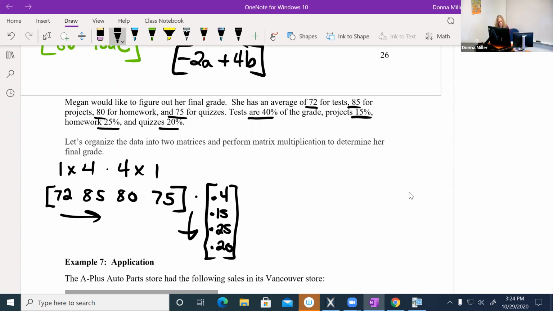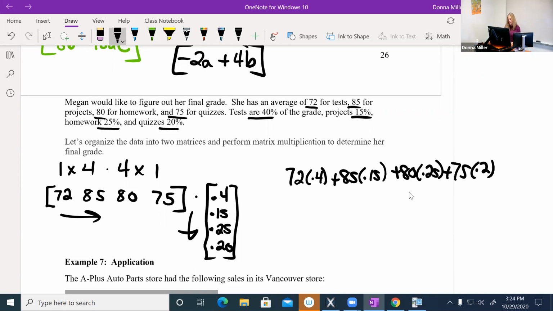So we're going to multiply those. So I do 72 times 0.4 plus 85 times 0.15 plus 80 times 0.25 plus 75 times 0.2, right? And that would be her average, right? That makes sense. All right, so I have to plug in a calculator.